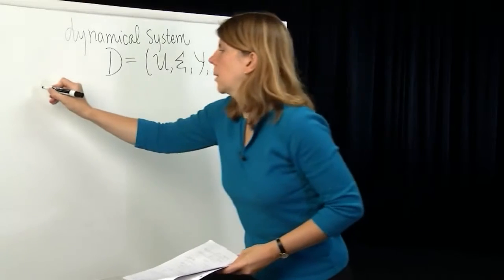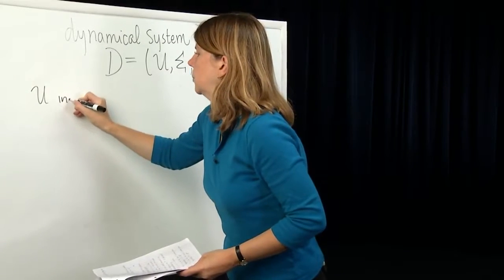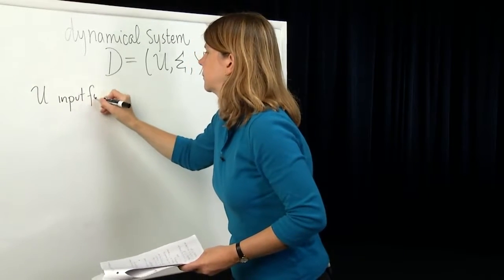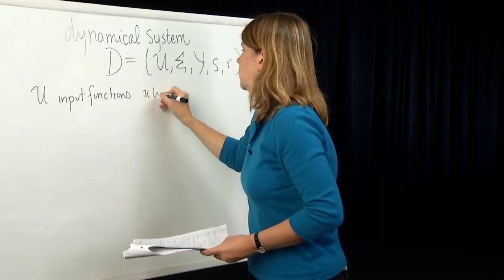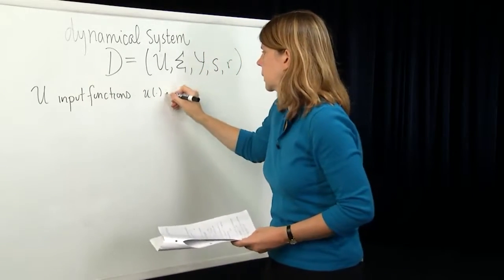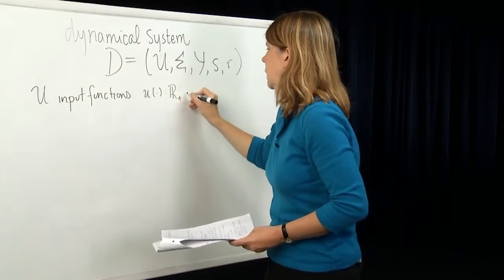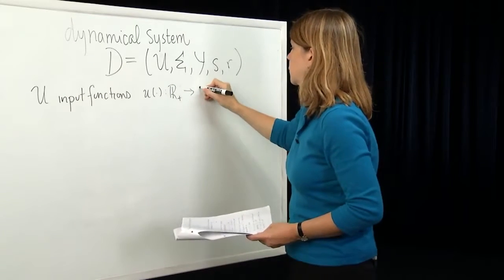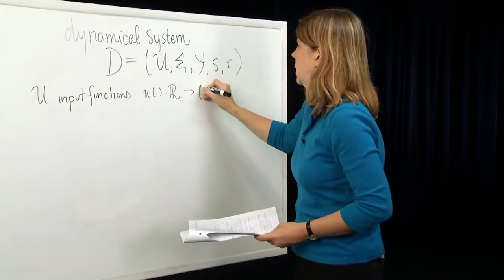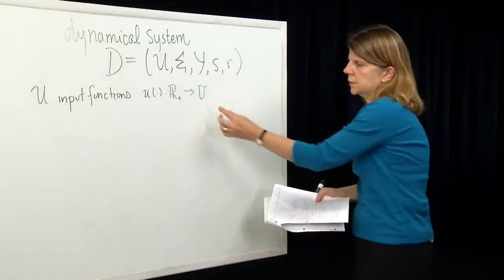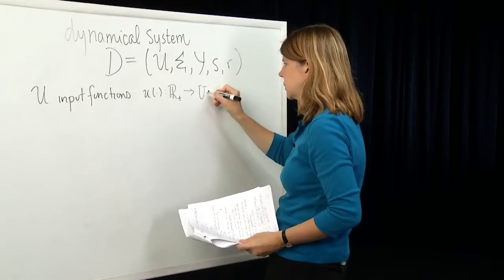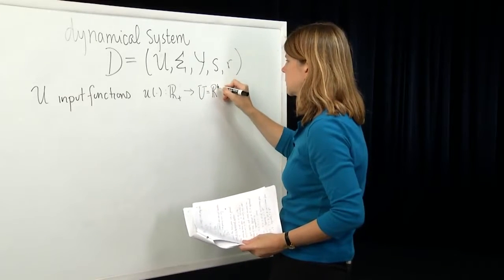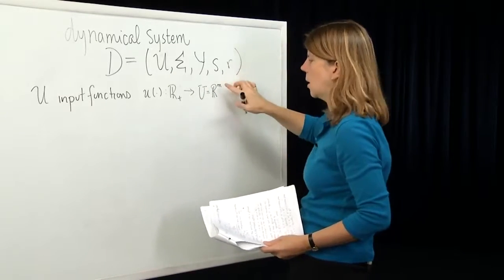Okay, so U are inputs, so they're input functions. And so we say that U takes typically a function of time and maps it over to a set which we'll call capital U. And this is a set in which the inputs lie. Typically in our systems, capital U is Rm or Rn.